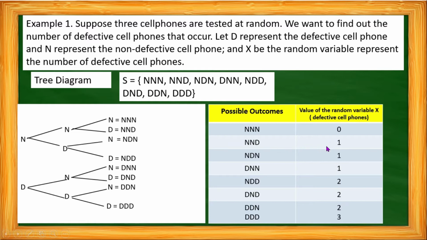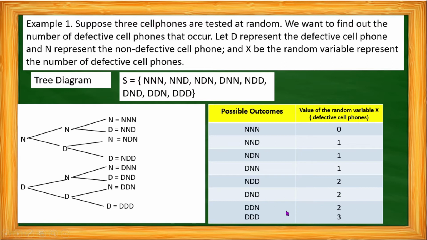Then the second result, we have 1 because we have 1 defective. The third result, 1 because 1 defective. The fourth result, 1 defective. The fifth result, 2 defective. The sixth, 2 defective.